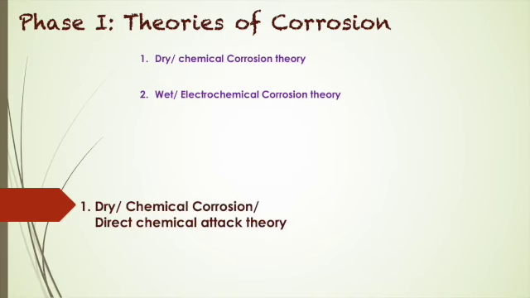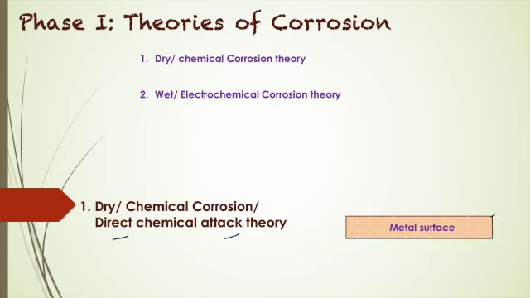Let's start with the first theory, that is the dry or chemical corrosion theory, the direct chemical attack theory. What happens in this? Actually, it is a direct chemical attack. That means a direct attack of the corroding medium is taking place on the piece of the metal. Suppose we have a metal surface over here. So what happens?